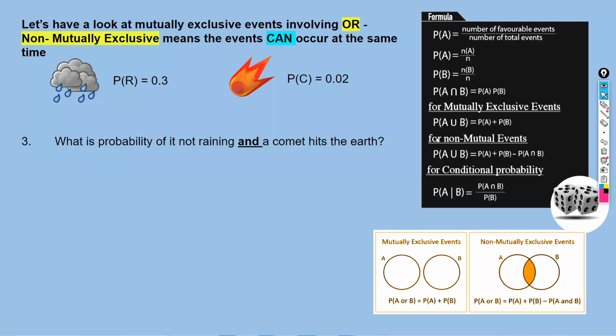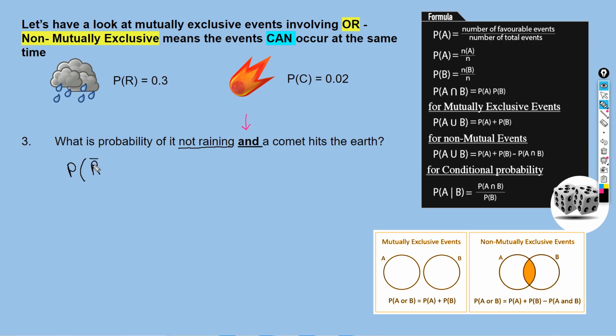See, they use the word "and" again. So when you use the word "and," most likely it's going to be a multiplying situation. So what you're really asking here is what's the probability of it not raining? So the probability of it not raining, you gotta put a little slash on top.